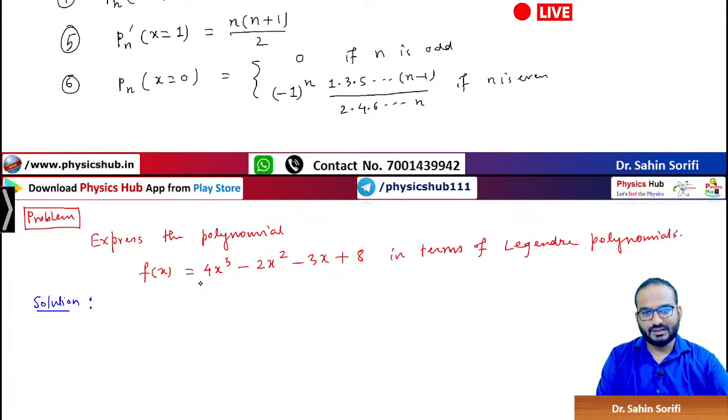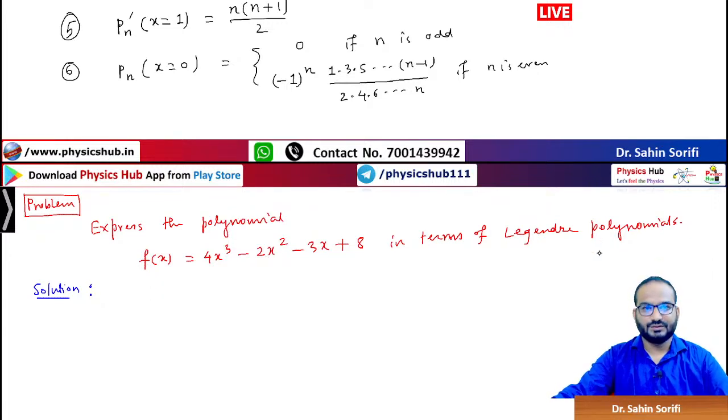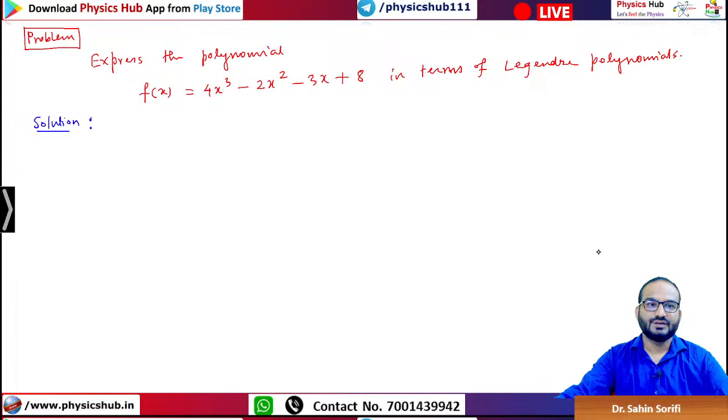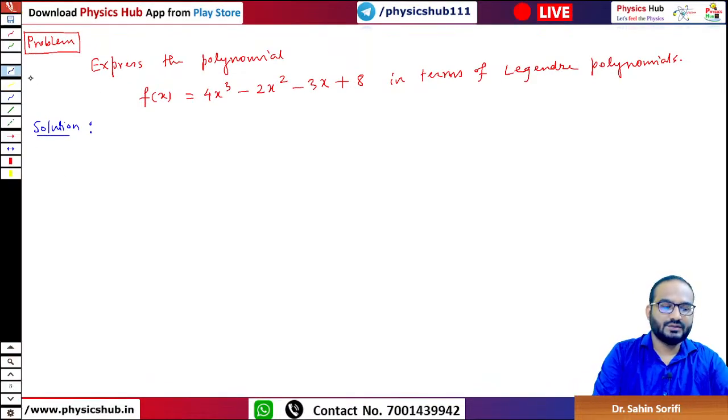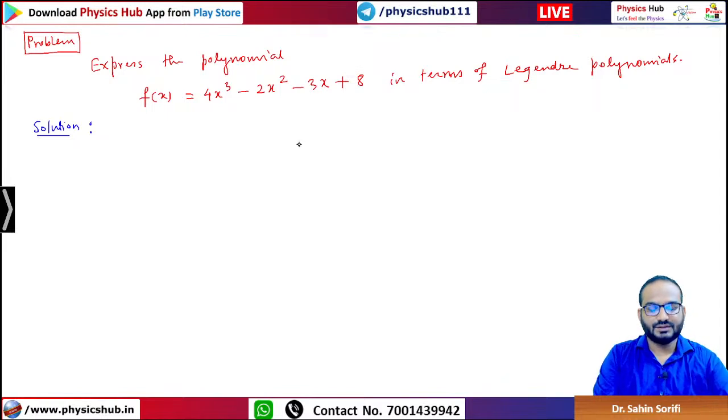So if I simplify the meaning, you have to express this f of x in terms of the Legendre polynomials. So let's try to do this. The first Legendre polynomial we know, p0x.